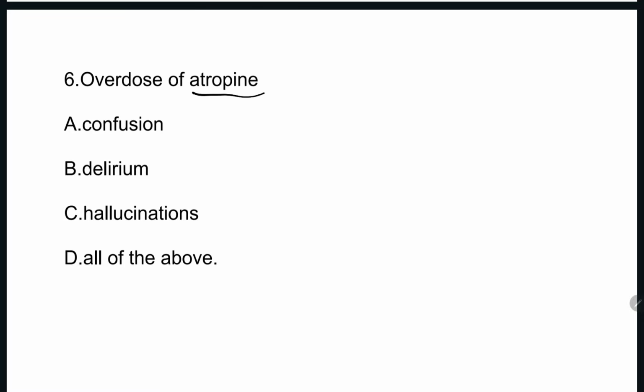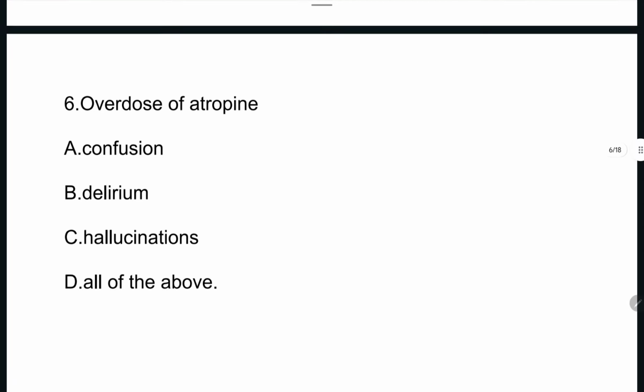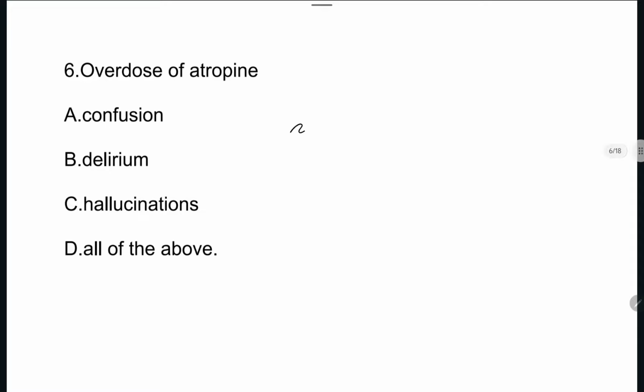It acts on the heart to treat bradycardia. Bradycardia is nothing but a slow heart rate. Okay, bradycardia is a decreased heart rate. So it will help to restore the normal heartbeat.